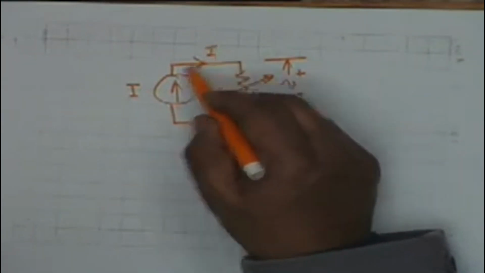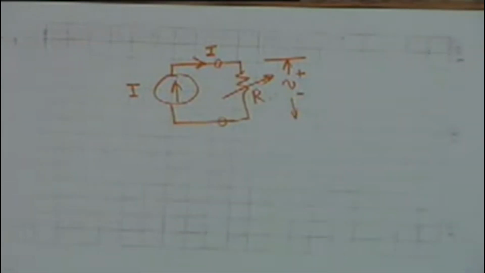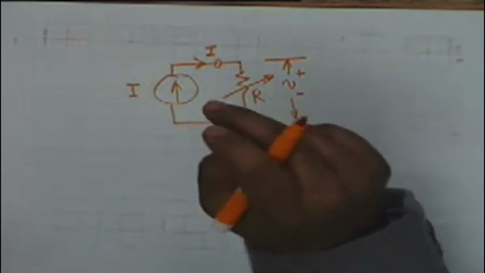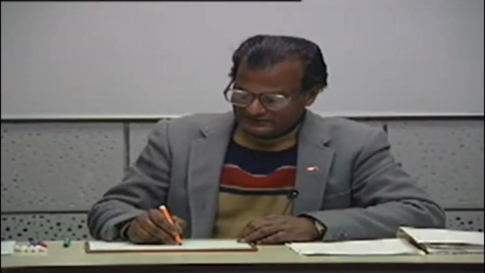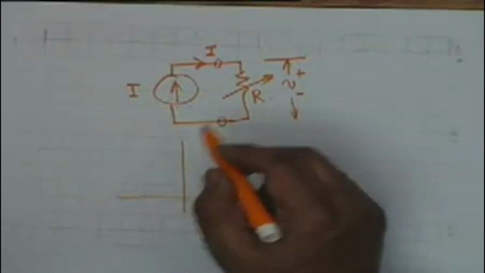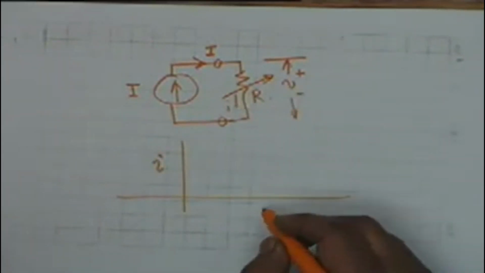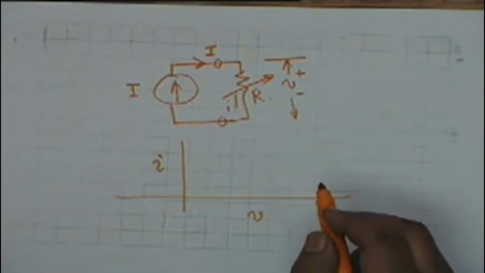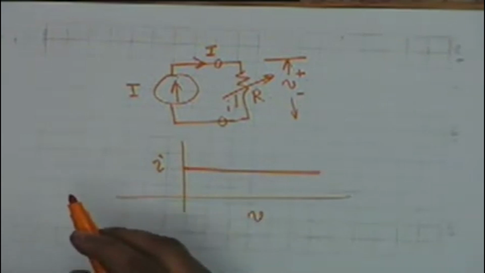The current capital I remains the same. A current generator maintains its output current the same irrespective of what load you connect. So, if we plot I in the load versus V, then V changes but I does not change.